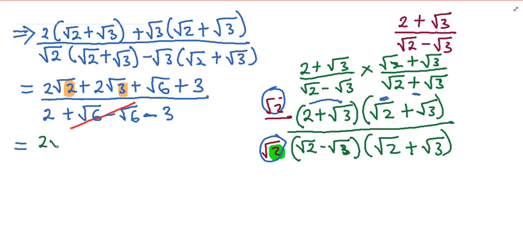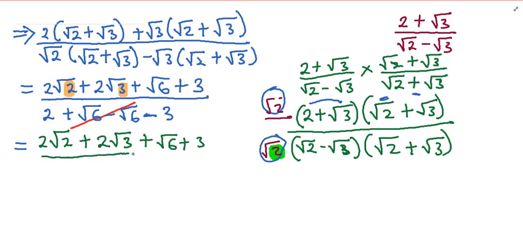So 2 root 2 plus 2 root 3 plus root 6 plus 3 all over 2 minus 3. That's from here to here, 2 minus 3, and that's giving us negative 1, right?